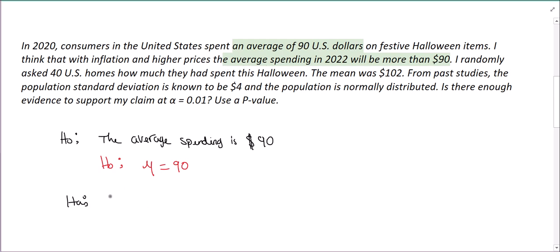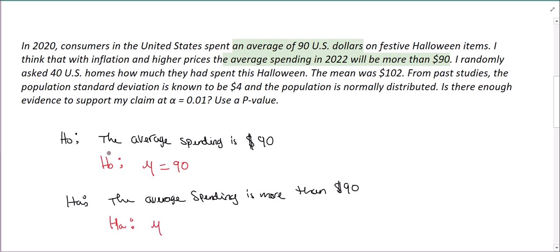So in words, we can say the same thing: the average spending is more than 90. And in symbols, the hypothesis H sub A will be mu. Remember, the null and alternative hypotheses are always written about the population parameter. So in this case, mu, the mean. And in the prior section, it was P, not P hat, right? So here we have the mean mu is greater than 90.